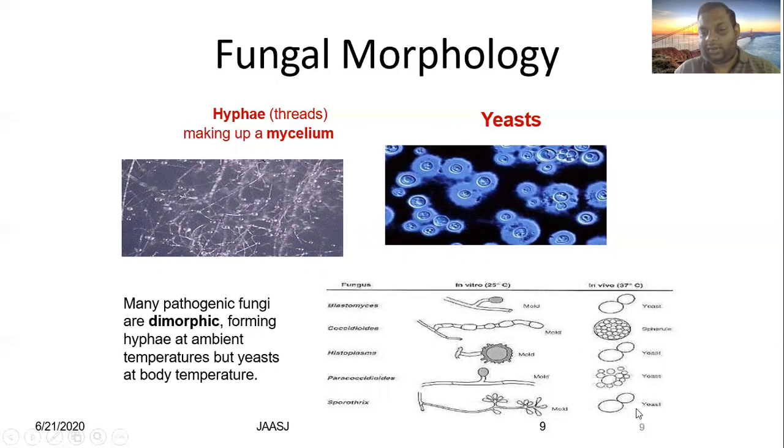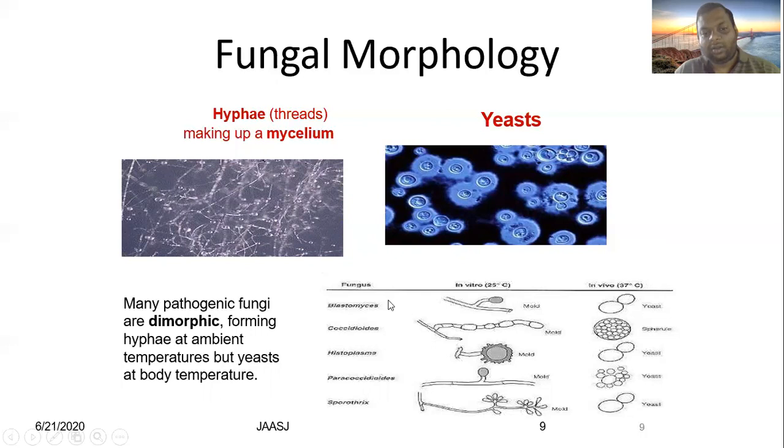The hyphal form is less adaptive, but at ambient temperature there are fewer nutrients compared to a human or animal body. So they produce larger structures, increasing their surface area by forming this mycelium. With this large surface area, they absorb nutrients from the environment where they live. So it's a biological adaptation.